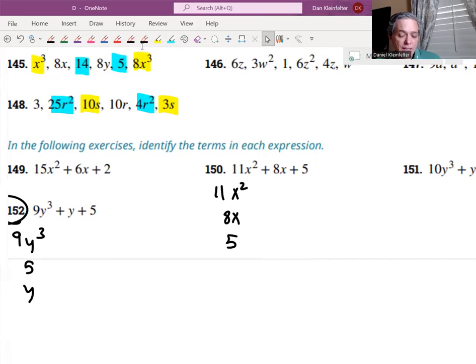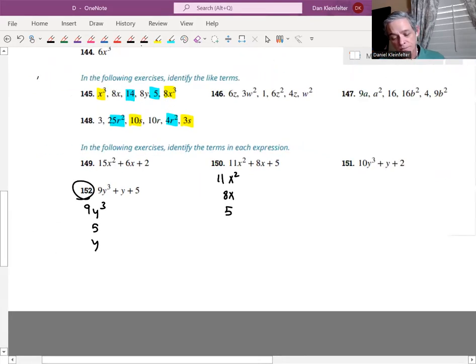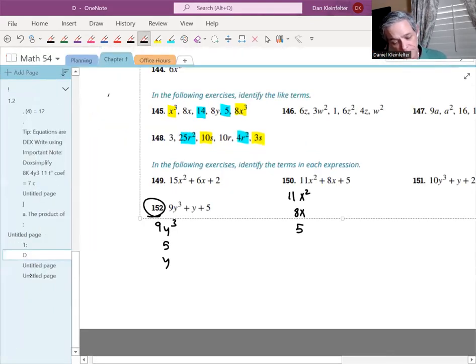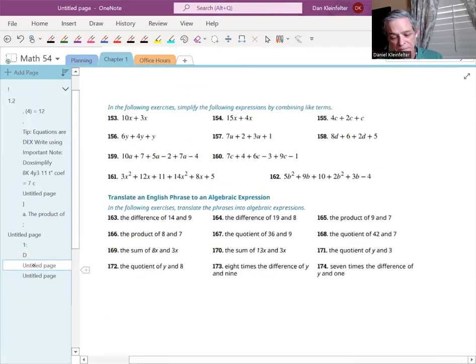Notice that the pieces that make up those terms are factors. So in 11x squared, the factors are 11, x, and x. The factors of 8x are 2, 2, 2, and x.